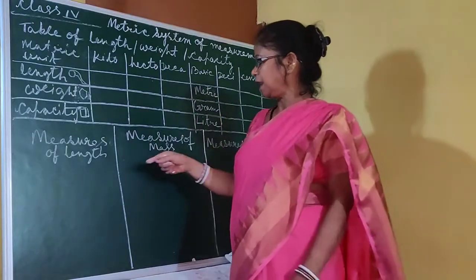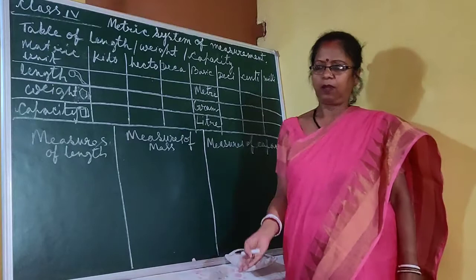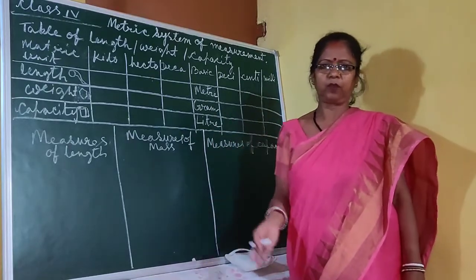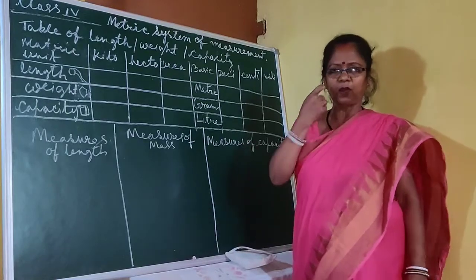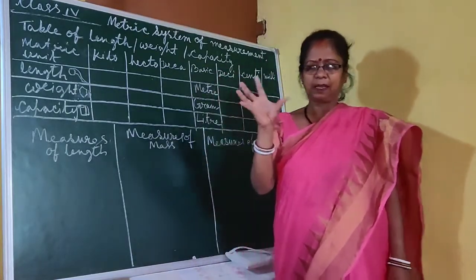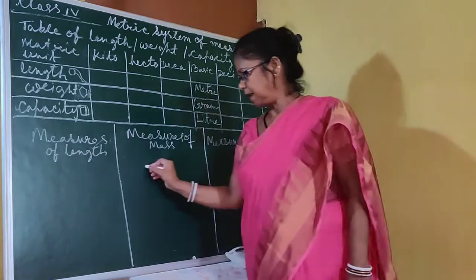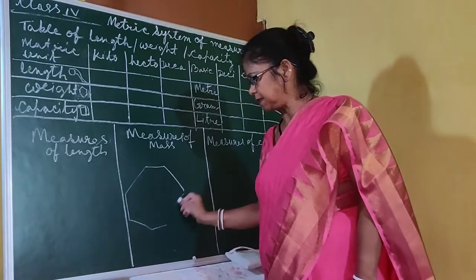And same way mass. Mass means weight. When you go to the market and weigh 1 kg of potato, that is a unit of measurement you have seen. 1 kg is a little big.